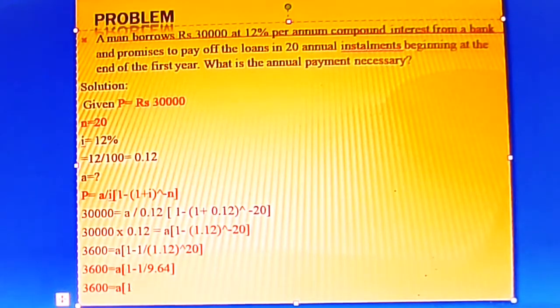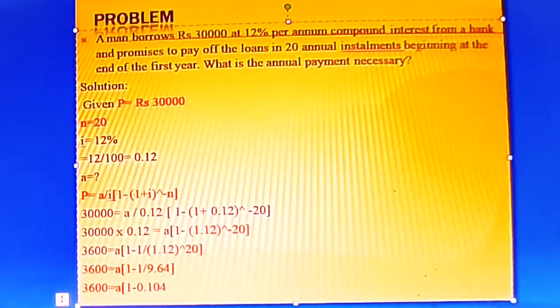So 1 minus 1 divided by 9.64. Use your calculator and quickly tell me what is the answer, students. 1 divided by 9.64. You'll get around 0.104, something like that, right?